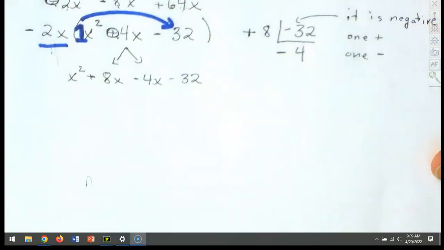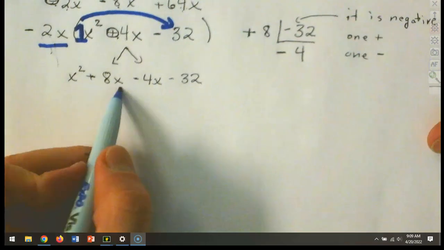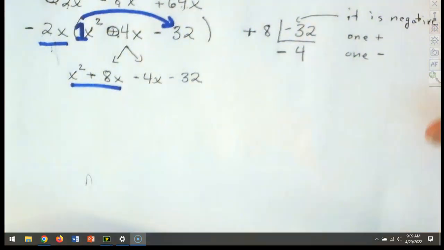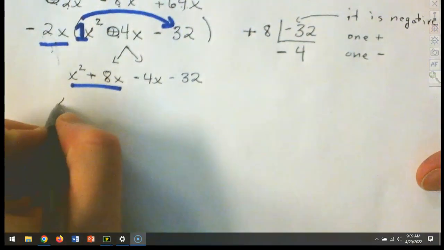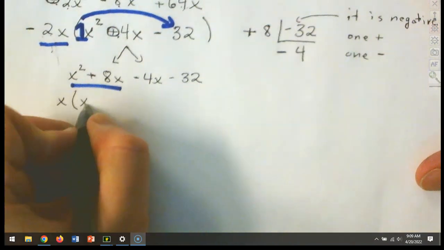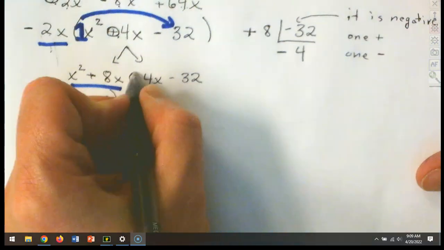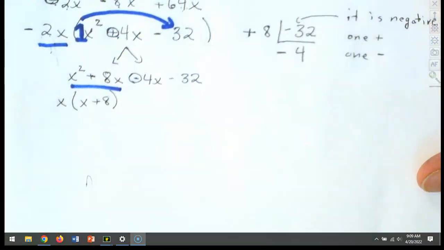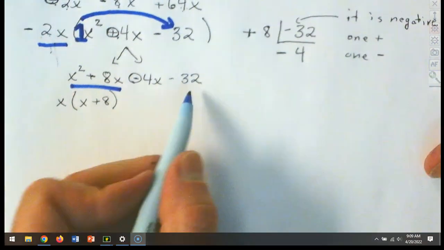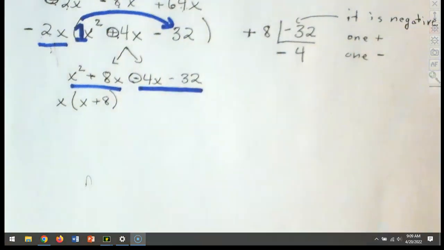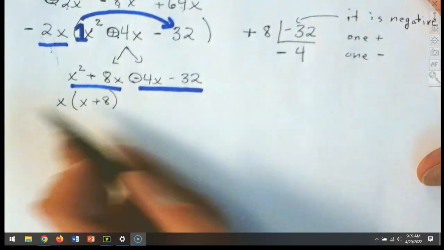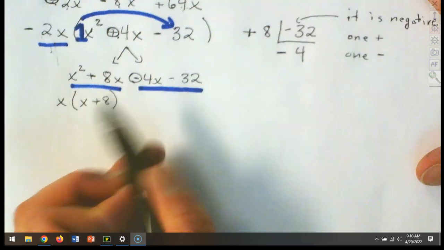Now we factor by grouping. First 2 pieces, well, looks like they have an x in common. And that's going to leave you with an x plus 8. Next 2 pieces, well, it begins with a negative. Right? So you always have to factor in a negative if it begins with a negative. And we need to come up with an x. So this 4 needs to come out.